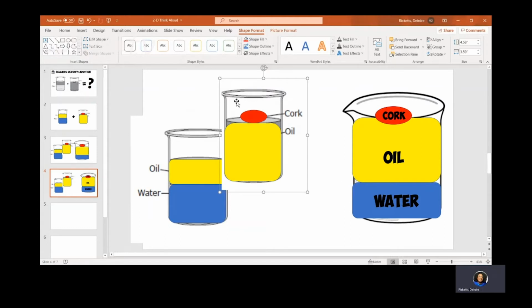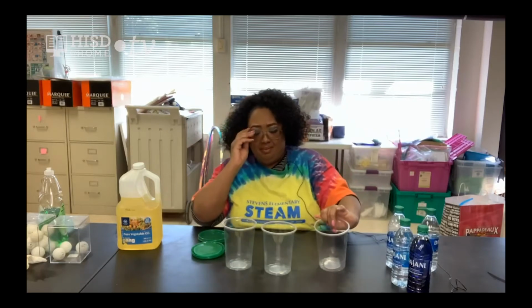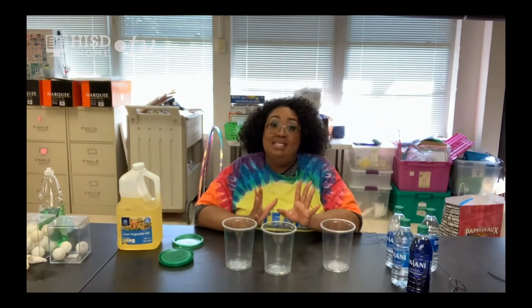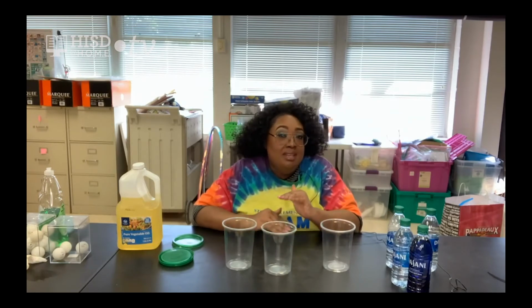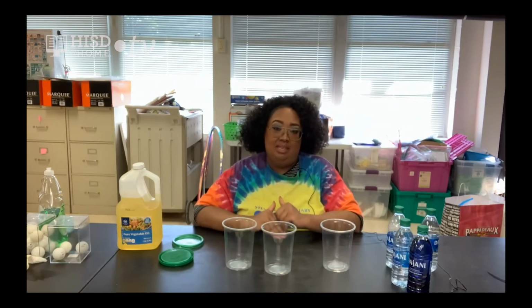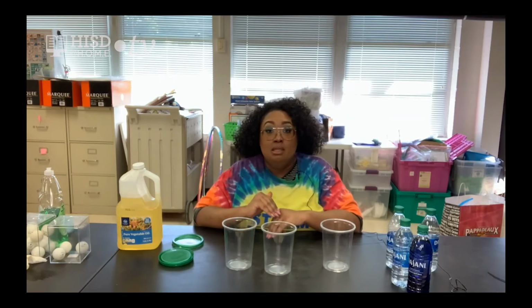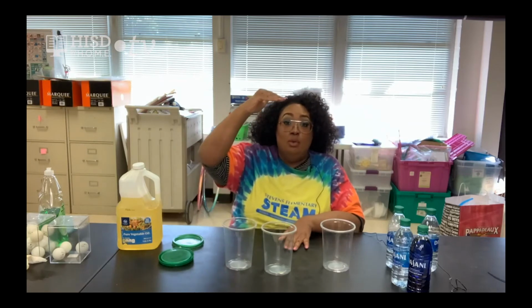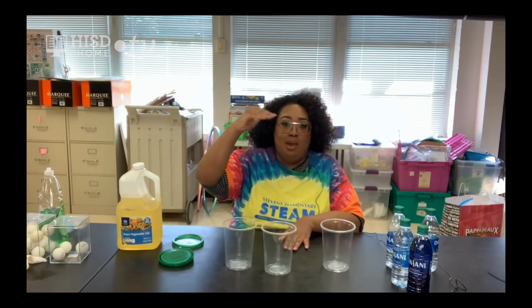Let's take the time to do a 3D and actually use oil, water, and a cork. Now we just made a density column, and we saw that even liquids have density, that some things sink, go to the bottom, have more density compared to water, and some things float above or on top of the water.